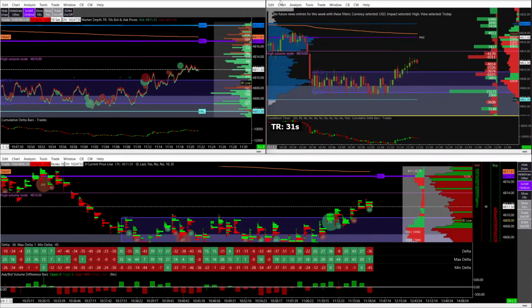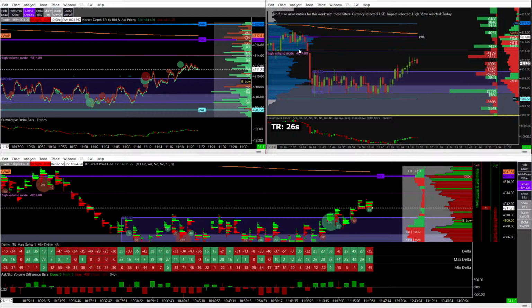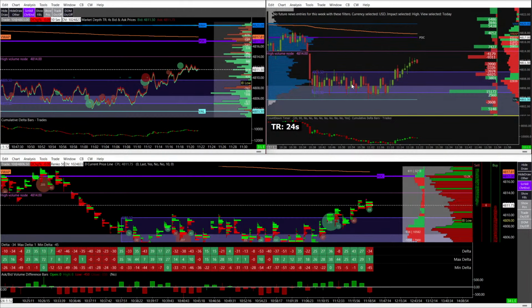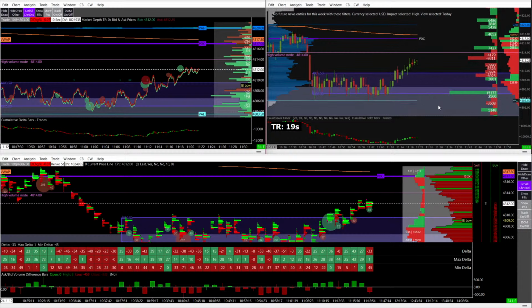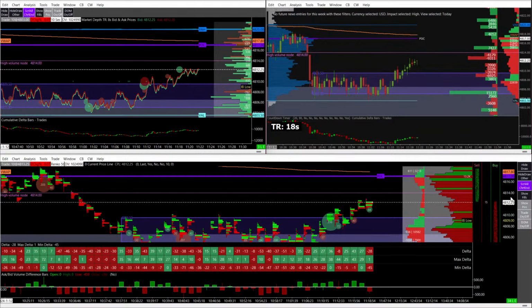As the value area is pulled lower, that is telling participants that we are accepting lower prices. We are building a new market down here. I don't want to say market, but that's the easiest way to say it for me.